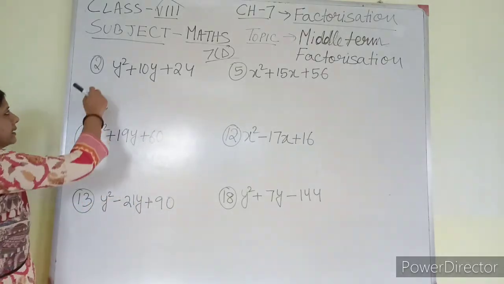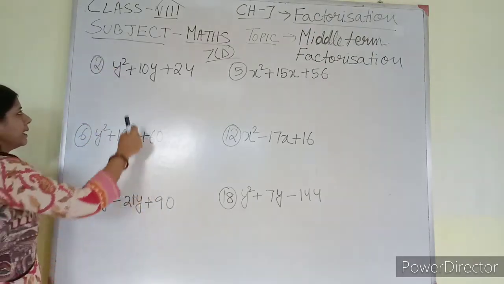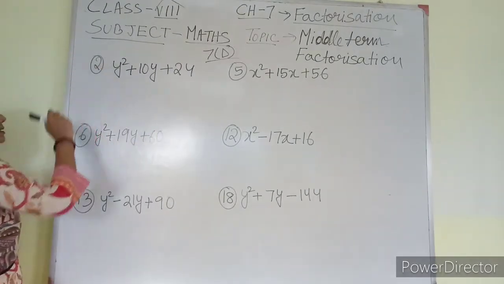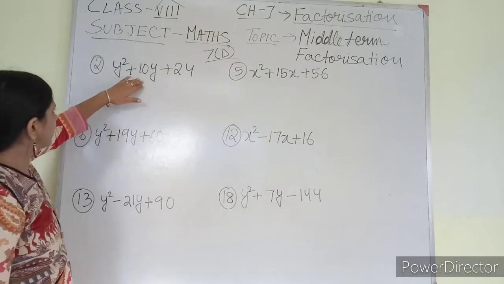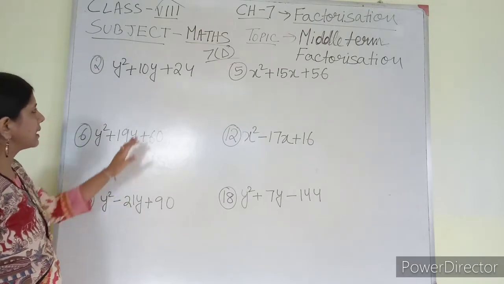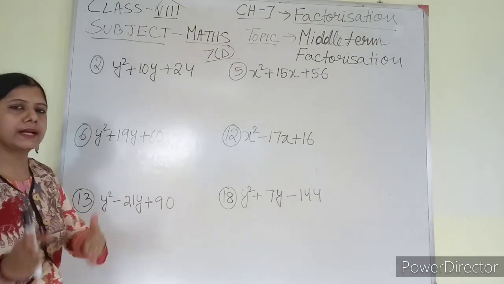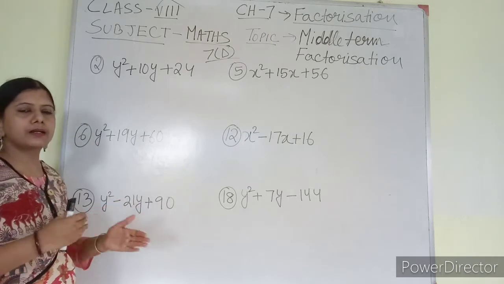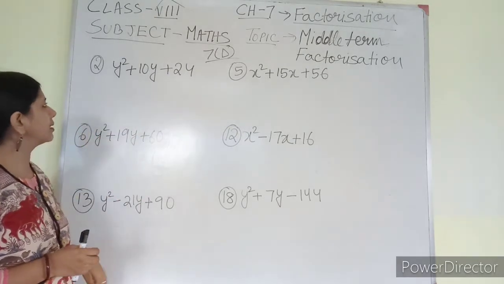I can say that there is a number A, this number is B and this number is C. If nothing is written here, that means 1 is there. So 1 is A, 10 is B, 24 is C. I have to multiply A and C: 24 and 1 is 24. Now find the factors of that, and then those factors have to be subtracted or added in such a way to get the number B.